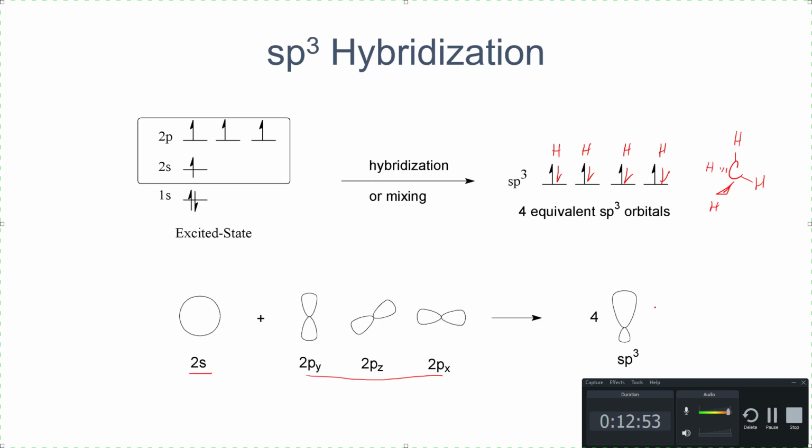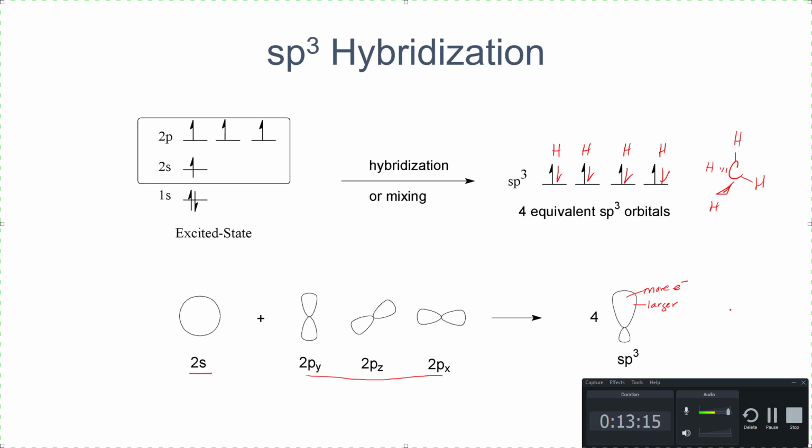The mathematics of this is that you get a much larger orbital on one side and a smaller orbital on the other. And so these 4 sp3 hybrid orbitals have more electron density in the larger orbital.